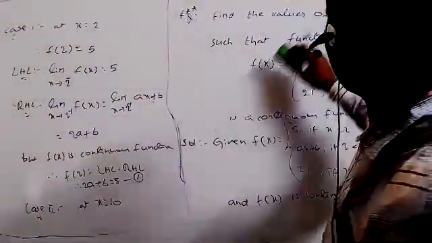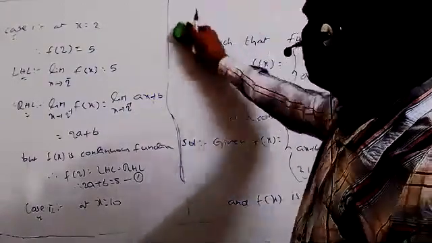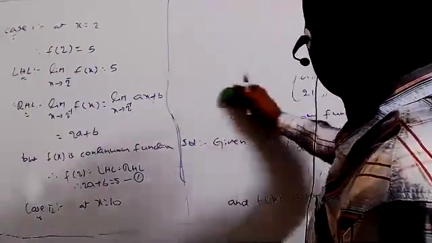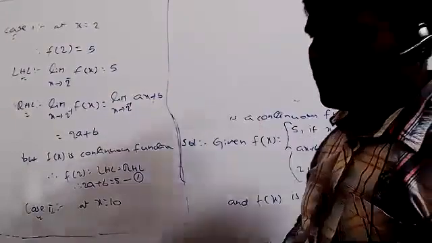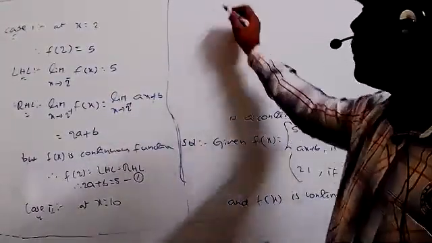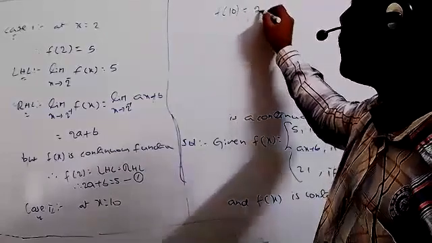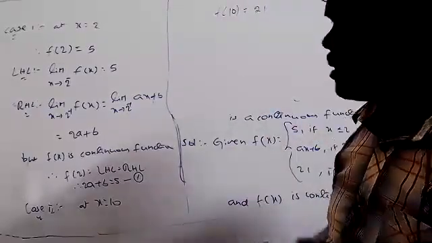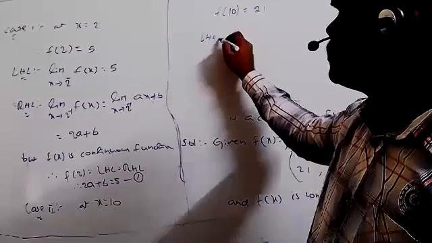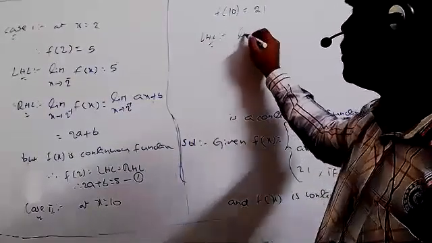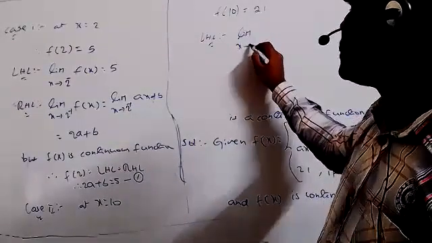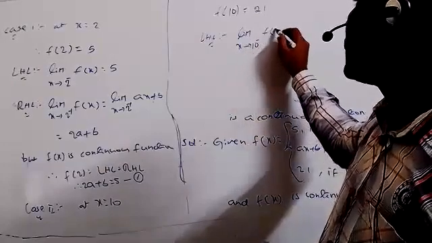So f of 10 equal to, clearly we get 21. Then find the LHL value, limit x tends to 10 minus f of x.